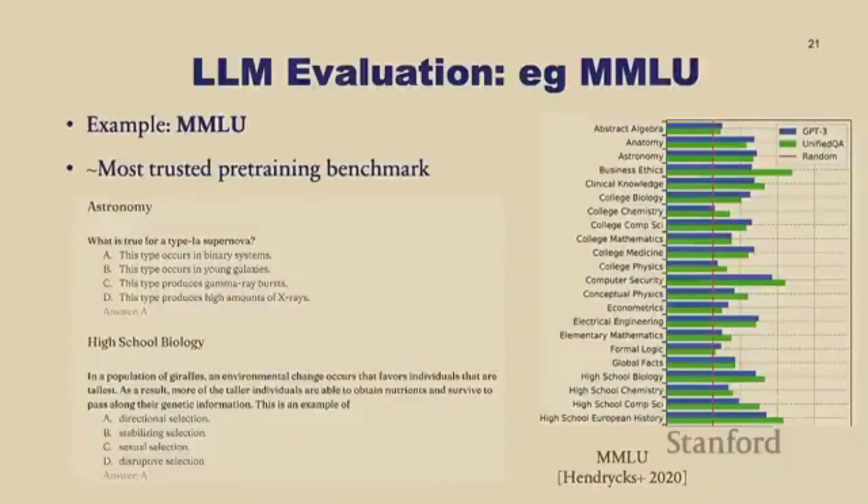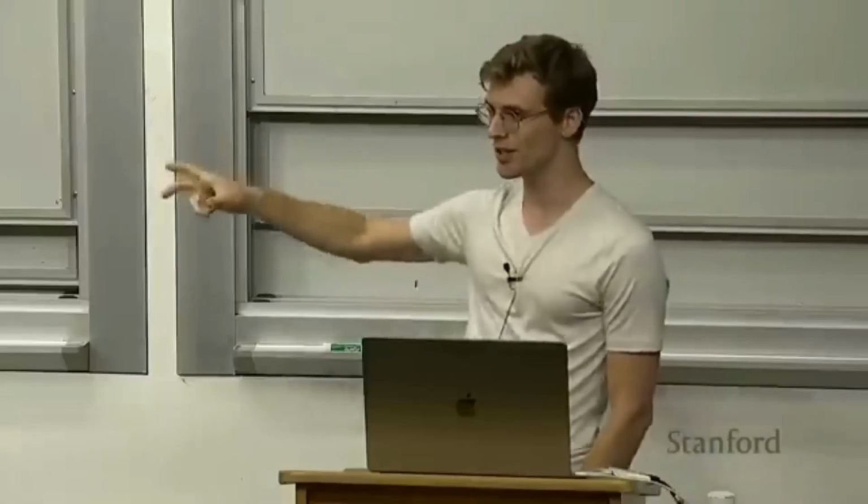You just look at what is the likelihood of generating all of these words, what is the likelihood of generating the second choice. And you just look at whether the most likely sentence is actually the real answer. So you don't actually sample from it, you really just use P of X1 to XL. Does that make sense? That being said, evaluation of open-ended questions is something we're going to talk about later, and is actually really important and really challenging.